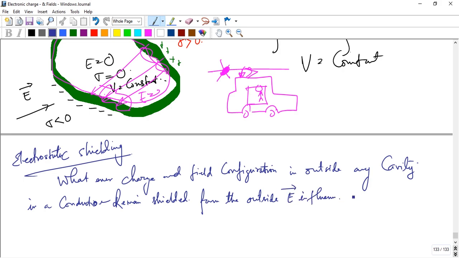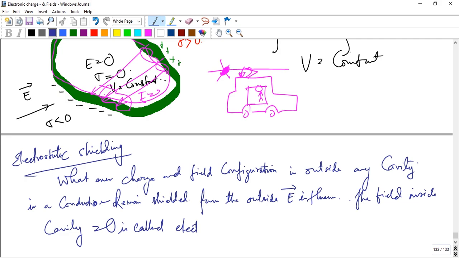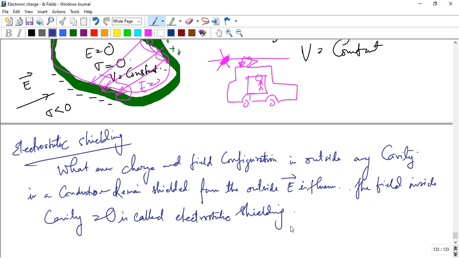The field inside the cavity is always 0. The field inside the cavity being 0 is called electrostatic shielding.